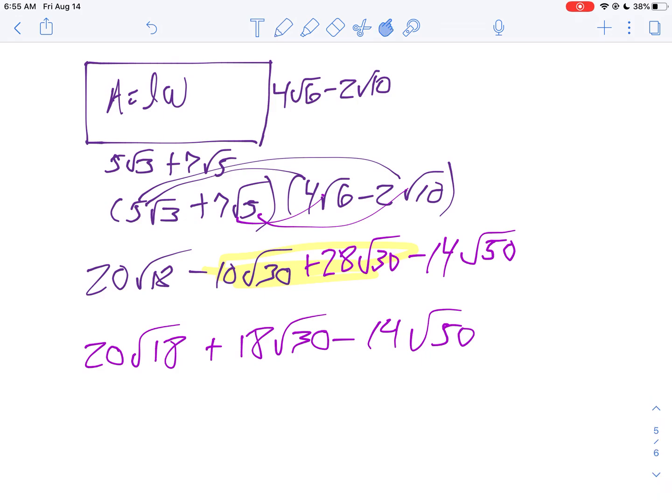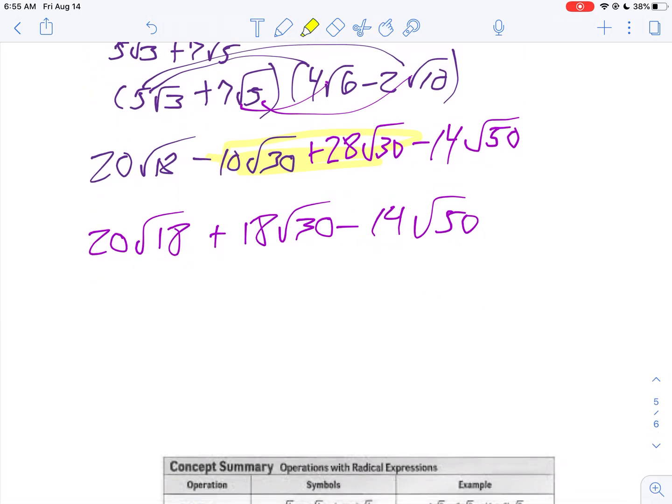So let's simplify them. The square root of 18 is the square root of 2 times the square root of 9, but we know the square root of 9 is 3. So you've got 20 times 3 times radical 2. So that's 60 radical 2 for that term. I'll do 30 now.